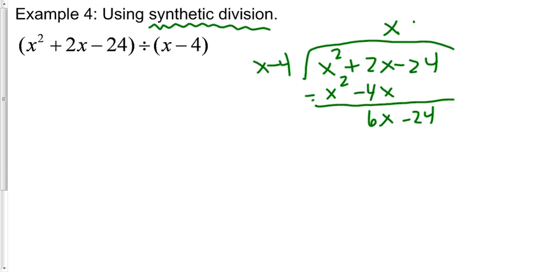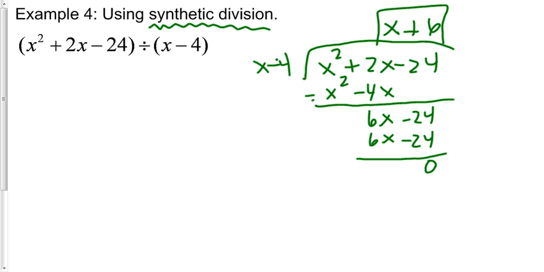Put that on the top here, and now we multiply it through. X times 6 is 6x. Negative 4 times 6 is negative 24. And you can see that this one worked out well. Again, we've got a 0 for our remainder, so the answer is up here, x plus 6. So that's using long division, and that's how you would set it up.